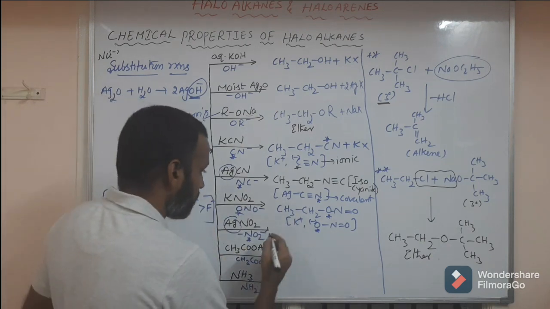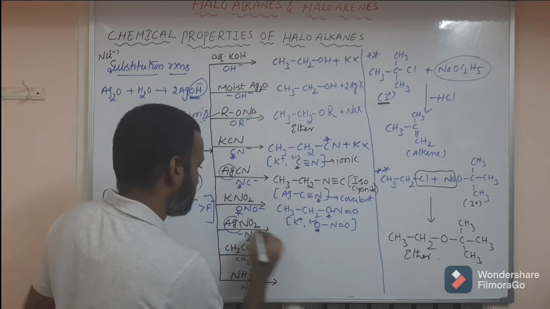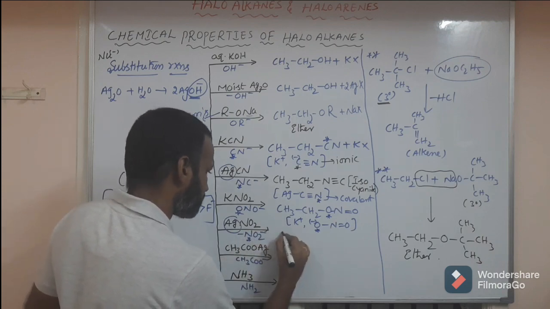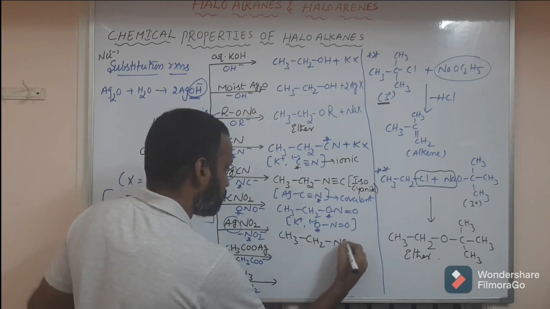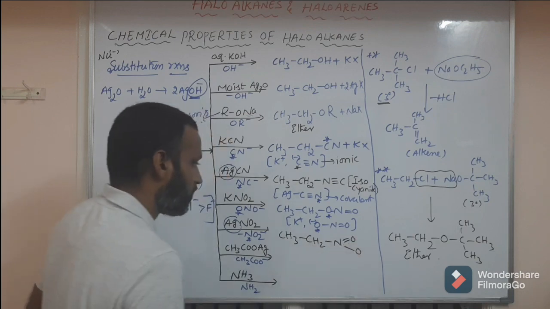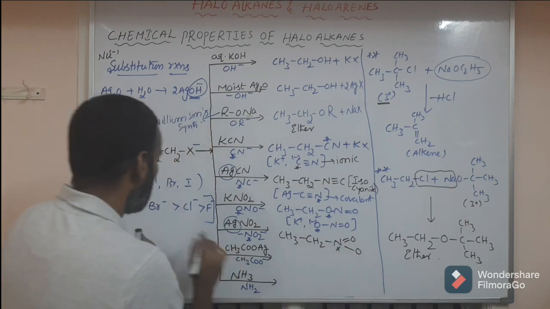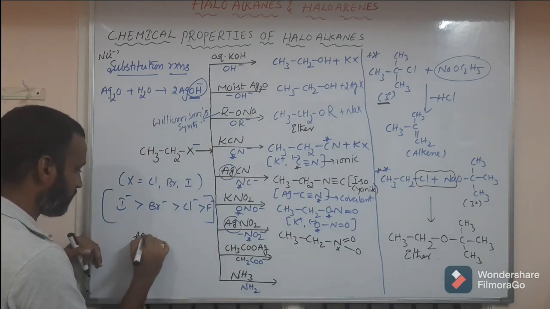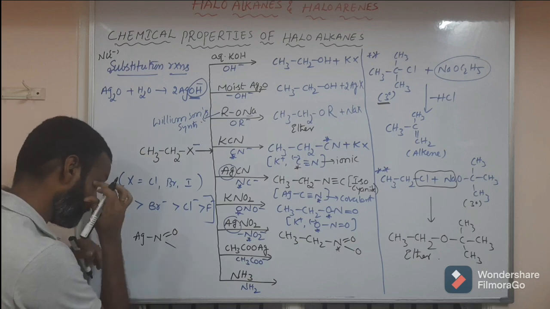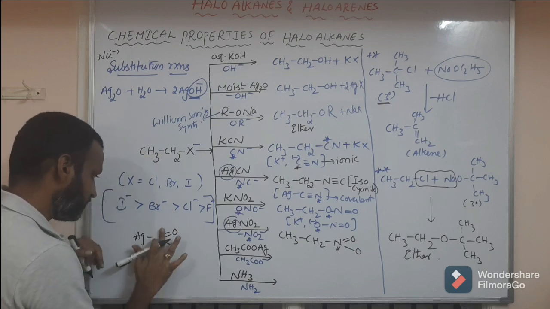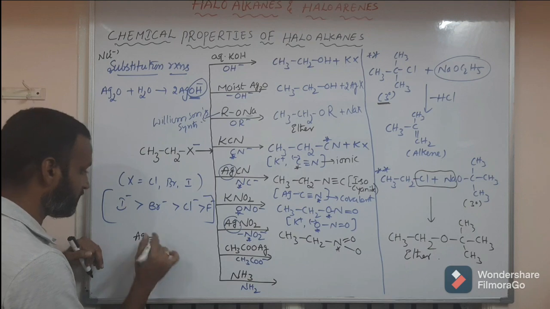Got it, sir? Now come to this one with silver. What do you have here? CH3CH2NO2 only. N double bond O, single bond O. So why NO2? Because I write AgNO2 as Ag–O–N double bond O. Oxygen is busy.